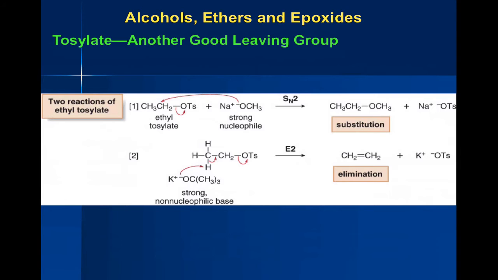Tosylates react very similarly to bromine. They're about as good a leaving group as bromine, somewhere in that ballpark. So anytime you see OTs, think of it as a leaving group. Don't let that get you confused by any stretch of the imagination, right? So we can do SN2 chemistry. We can do E2 chemistry through eliminations, all that stuff that we've already talked about, right?